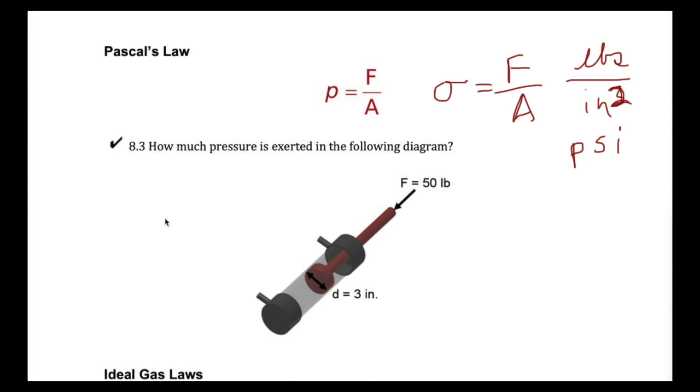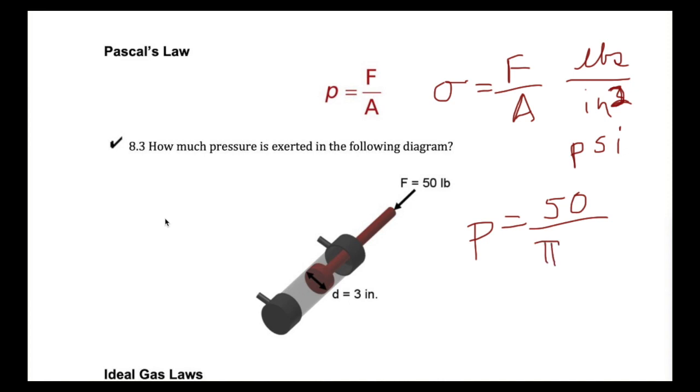8.3 says, how much pressure is exerted in the following diagram? We have force on this piston, and the piston is a circle with a diameter of 3 inches. So the pressure is going to be the force, which is 50, over the cross-sectional area of a circle, which is pi r squared.